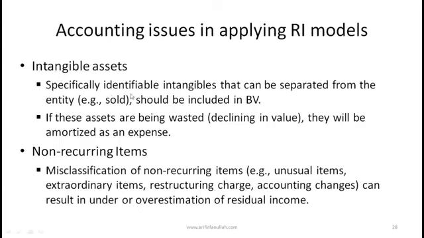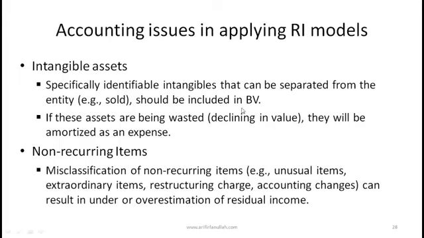Intangible assets, specifically those that can be separated from the entity, should be included in book value. Are all intangible assets included in book value? Not necessarily. If a company has developed something in-house, it might not show that asset value on its books. Another company might have bought some intangible asset and then it shows it.